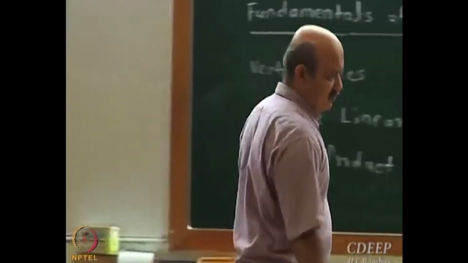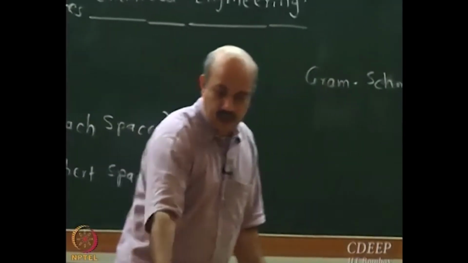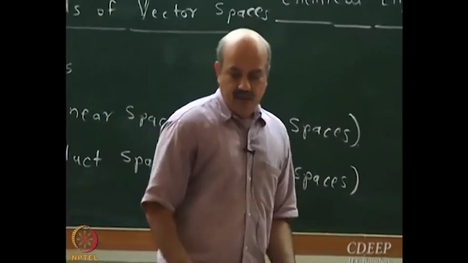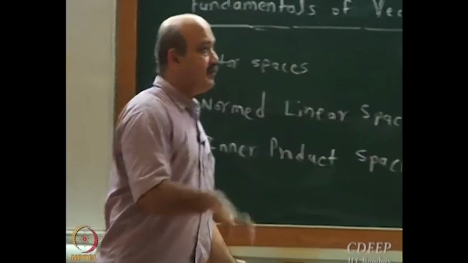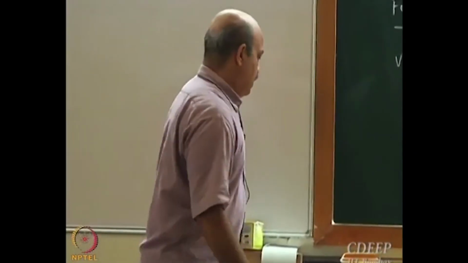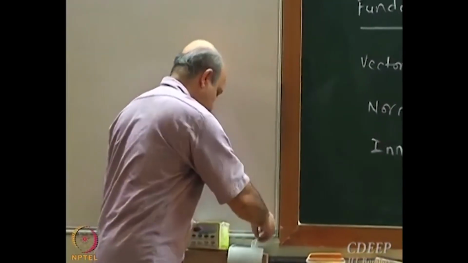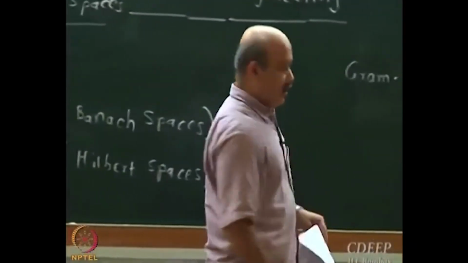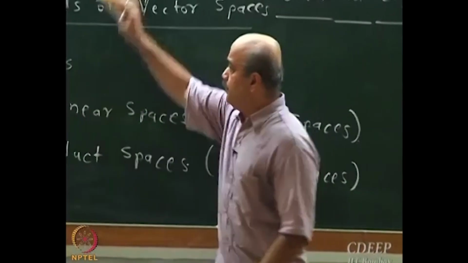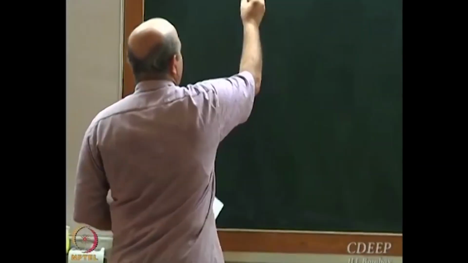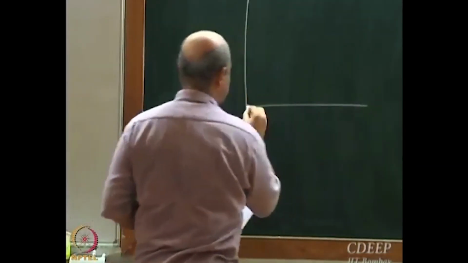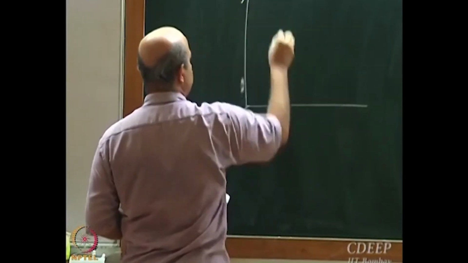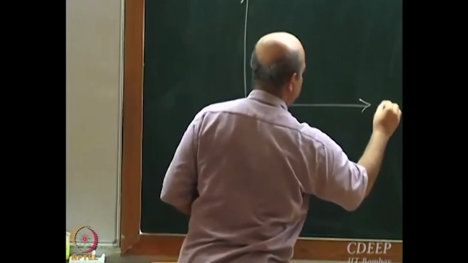Now what is a vector space? What do we know about vector spaces? When we start thinking about vector spaces, from what background we have from undergraduate, well, we normally imagine a vector in a three-dimensional space.